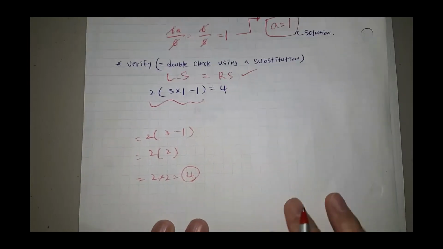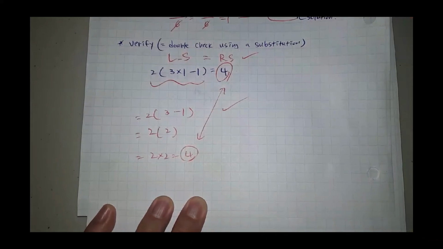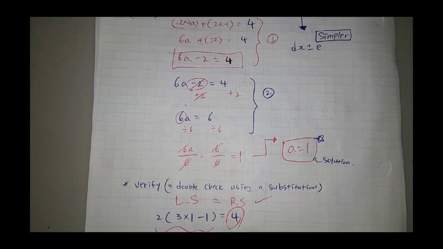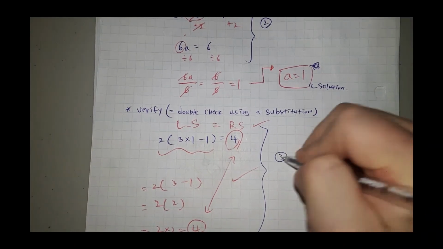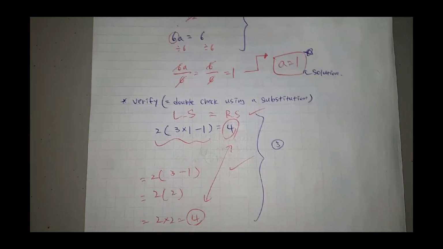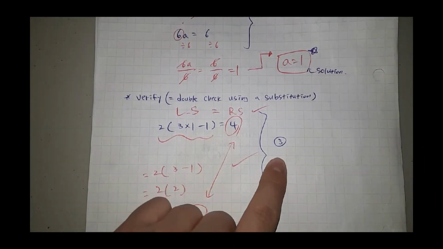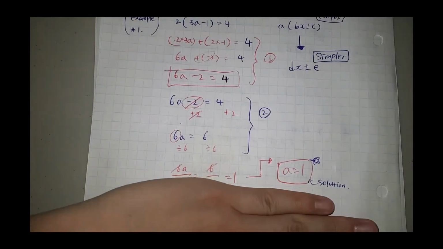As long as you see that my left side and right side equal each other, that means your solution is on the right track. And this is the one where, even though I didn't put it specifically, step 3 can be that part, which is verification. Some people don't put that as a mandatory step because they already did their answer in steps 1 and 2.